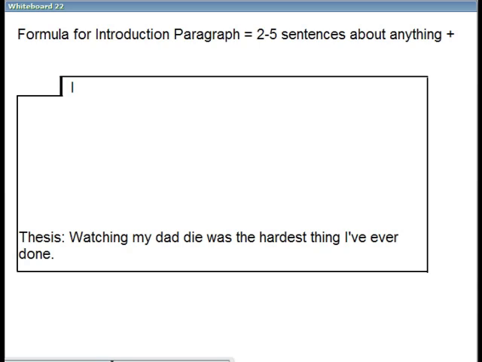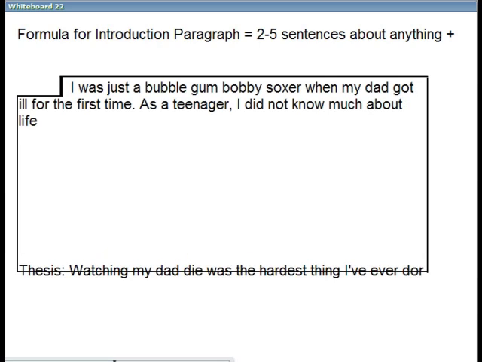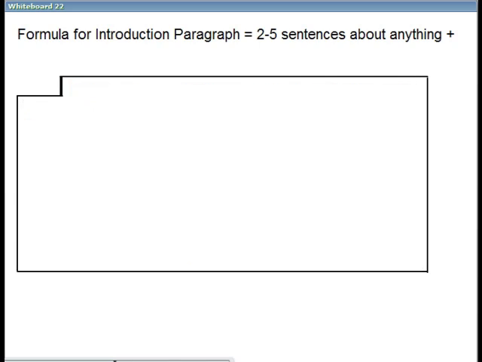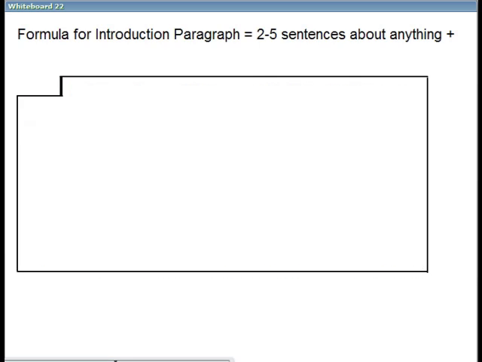I was just a bubble gum Bobby Soxer when my dad got ill for the first time. As a teenager, I did not know much about life or death, but I learned quickly during his long dying.